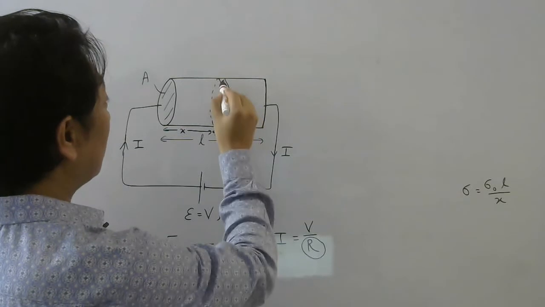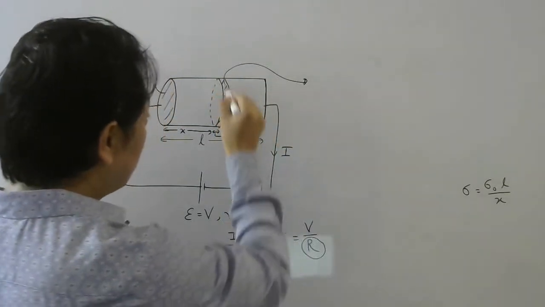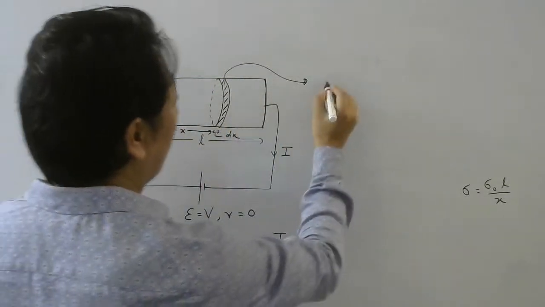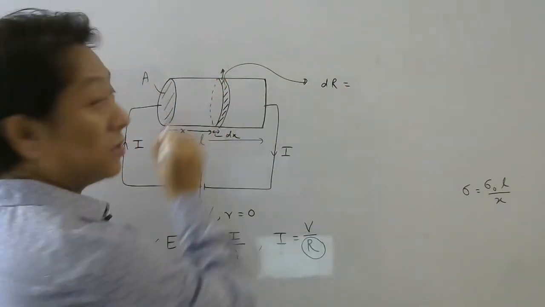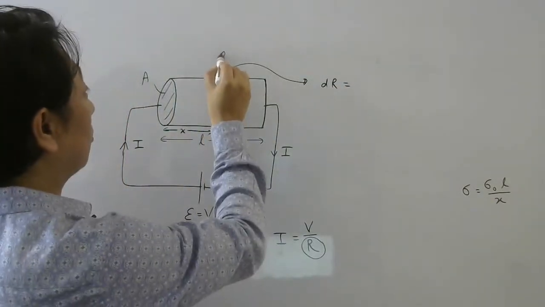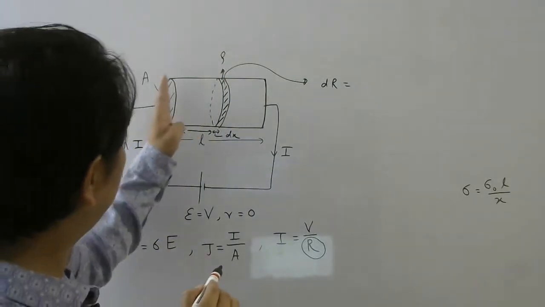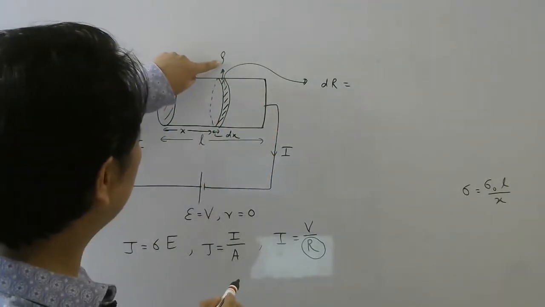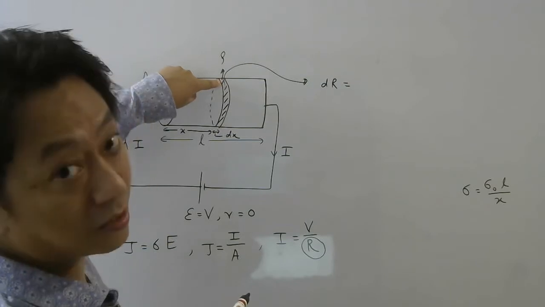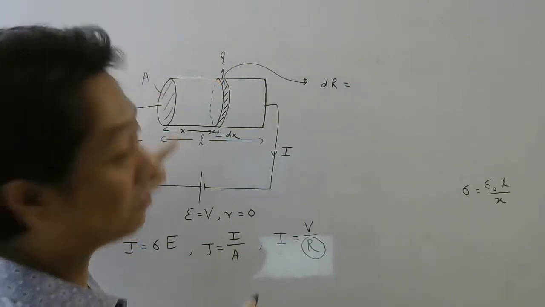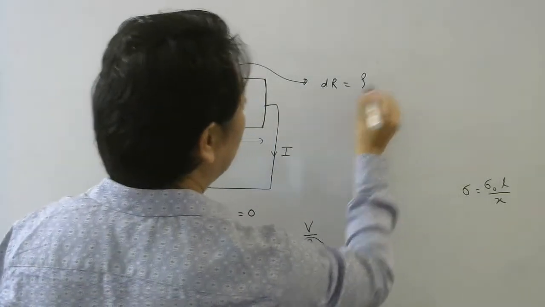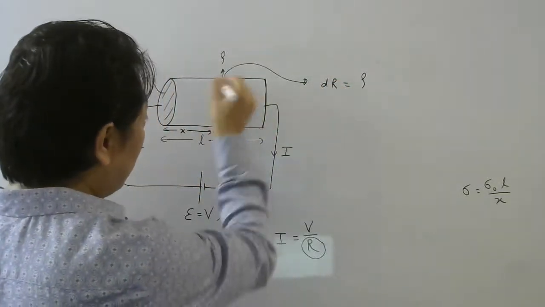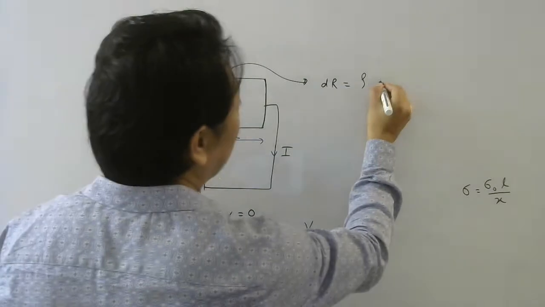So we can write the resistance of this small portion of the rod as dR equal to, now here whatever resistivity is there, let us call it rho. Remember the resistivity is changing. So I need to use resistivity at this location, which is at a distance x. So rho at the location of x into the length of this section. The length of this section is dx, right?